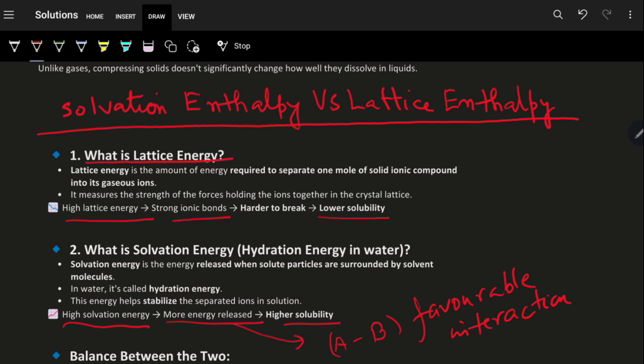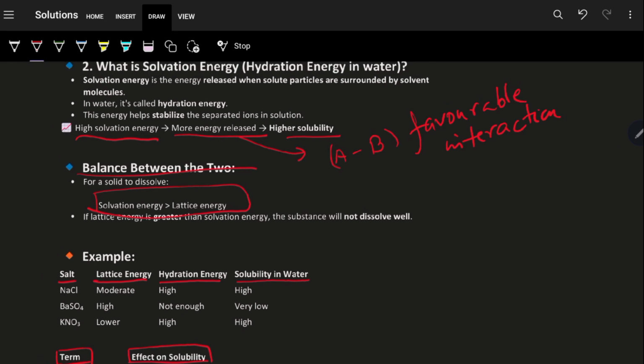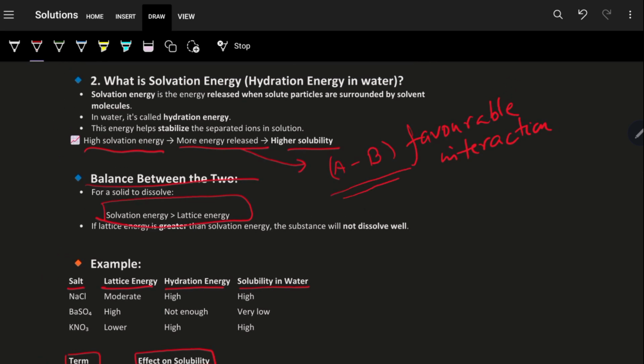In order to cause greater solubility, a balance should be there between the two, and the solvation enthalpy should be greater than the lattice enthalpy. That means the energy released on account of the newly developed AB interaction should be sufficient in order to break the existing lattice enthalpy.